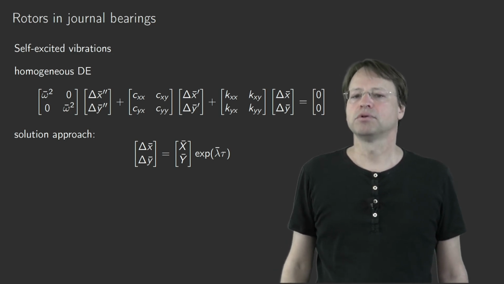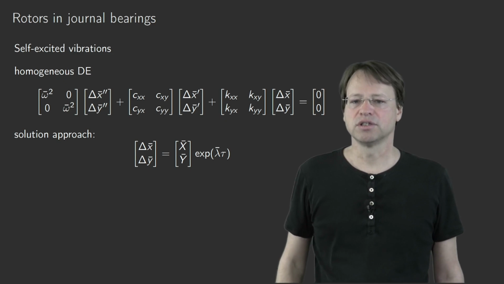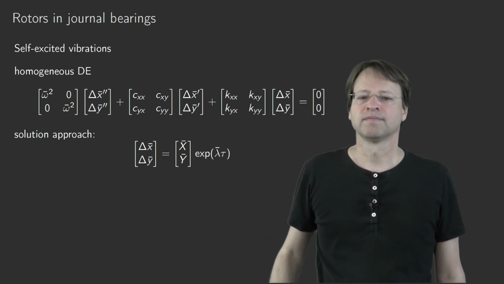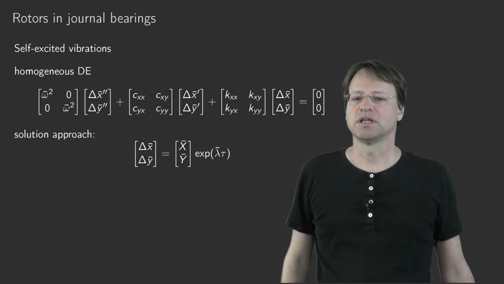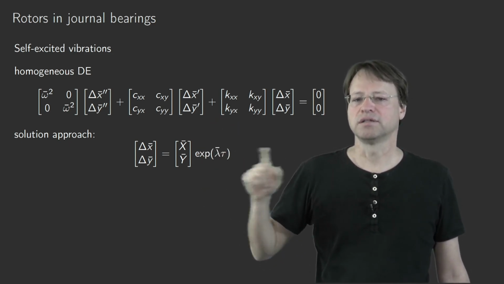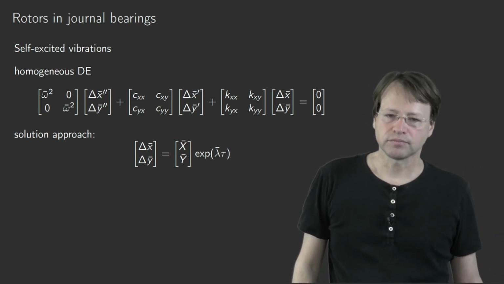So the solution approach for such a linear homogeneous ordinary differential equation is just setting the displacements equal to some amplitudes times exponential lambda bar tau. So all the bars indicate that these quantities here are dimensionless quantities.